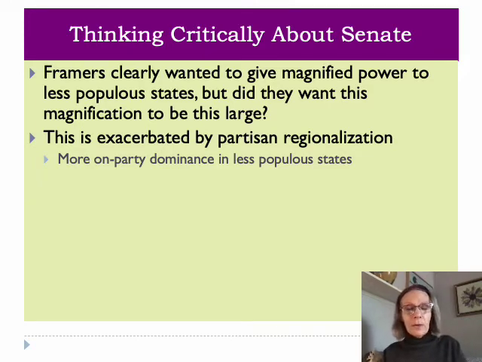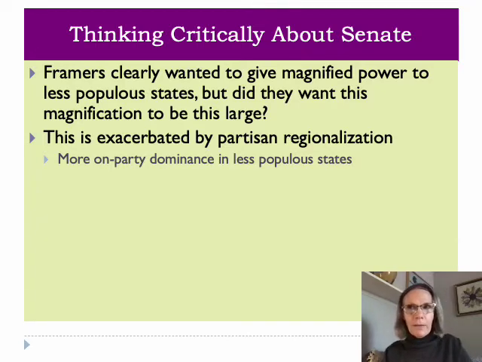That's not the case, though, with the least populous states. Of the 5 least populous states, only Vermont sends Democratic senators to the Senate. The other 4 are, as it says there, one party dominated, and in this case, dominated by the Republican Party.